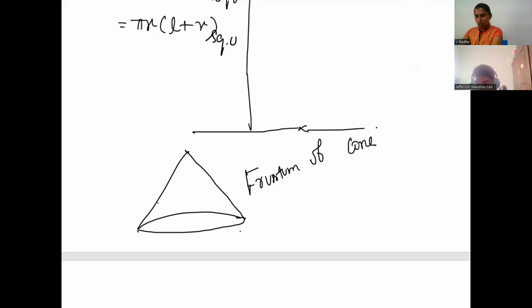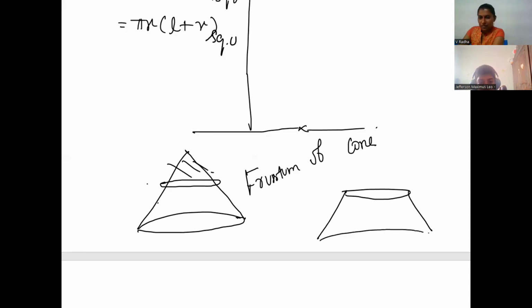The inverted cone, that is, I keep the cone upside down, place a plane, and remove just the top portion. So remove this portion. The resultant figure is like this. Okay, ma'am. This shape is called frustum. Now can you say a few examples in our daily life of a frustum shape?